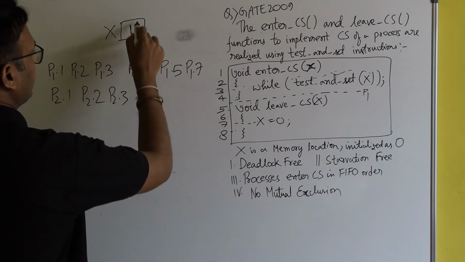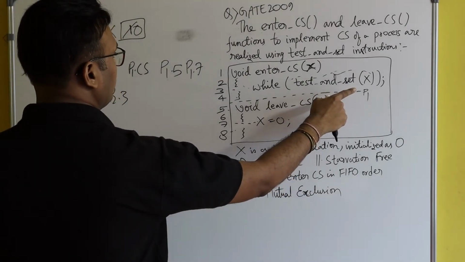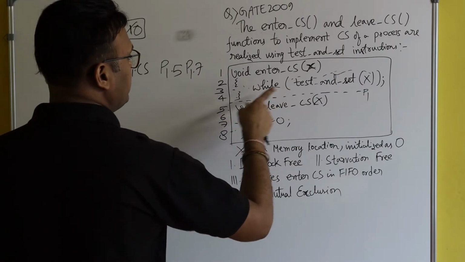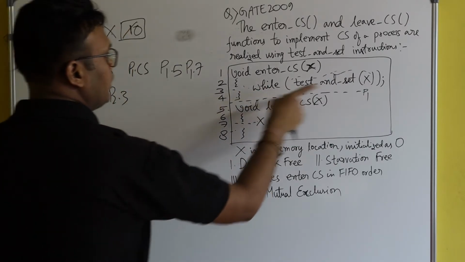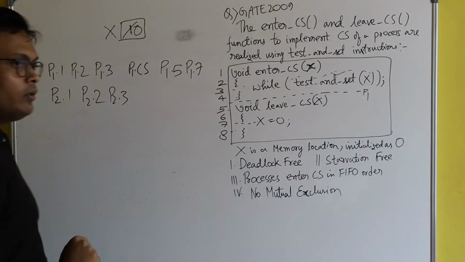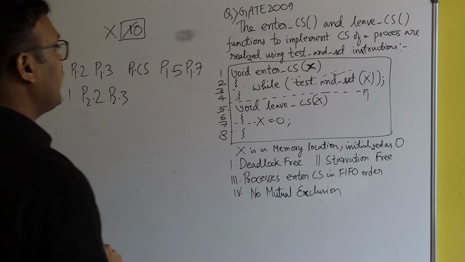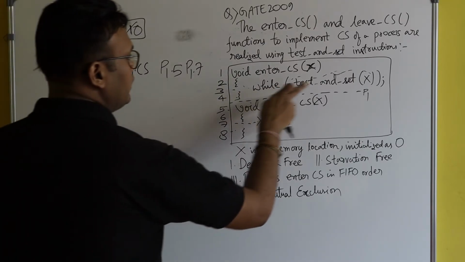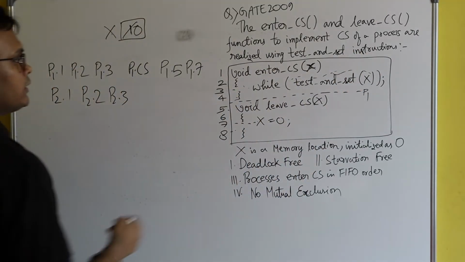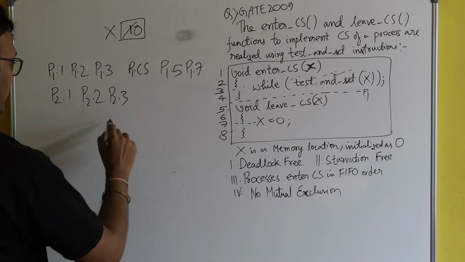The value of x has become 0, and since the value of x has become 0, process P2, which is stuck in the loop, will break out of this while loop. But it is also possible that this while loop is broken before process P2 could enter inside the critical section. Another process will come from somewhere else, P3.